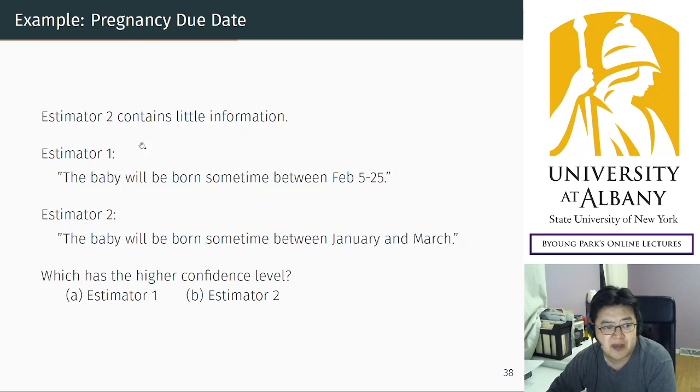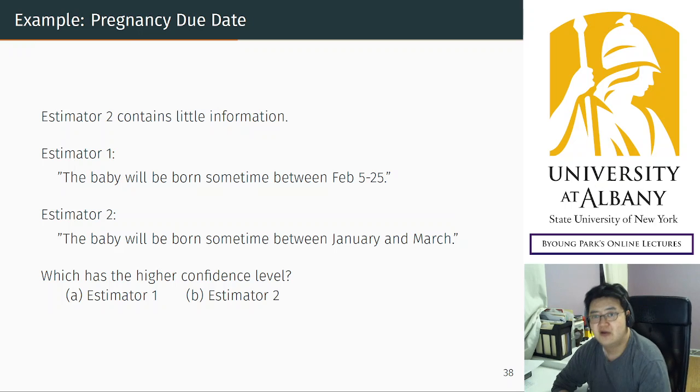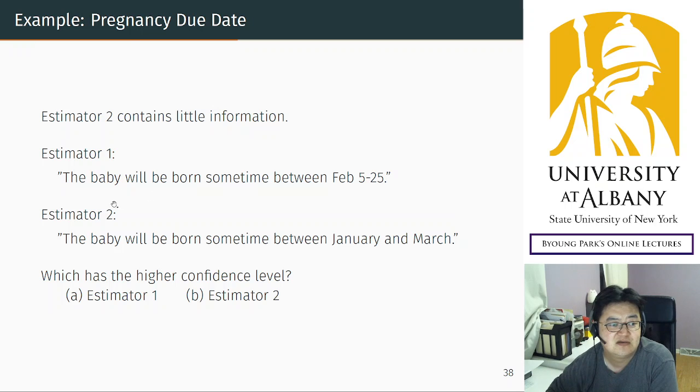Now, if you compare the first estimator and the second estimator, two intervals, which has the higher confidence level or higher probability of correct estimation? It is also pretty simple. The answer is estimator 2.